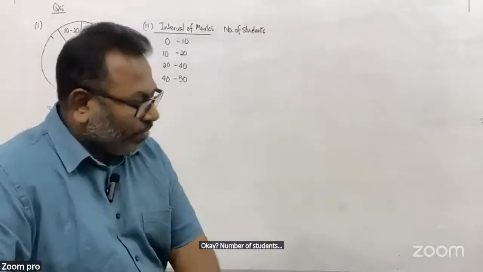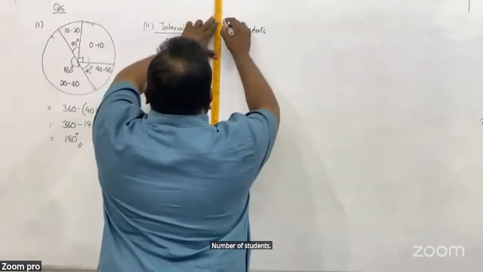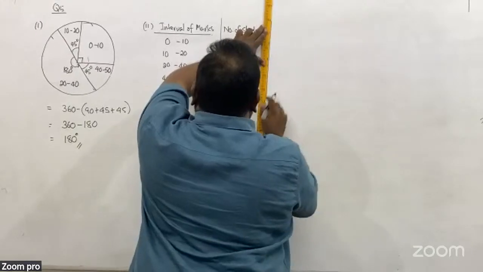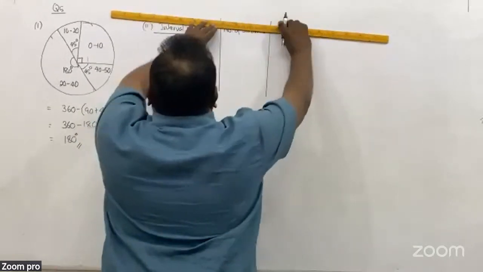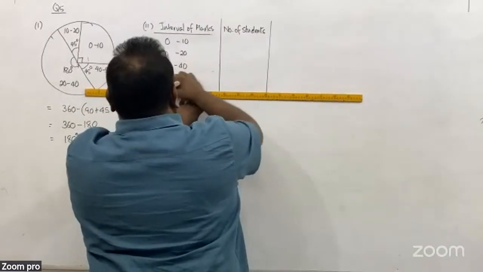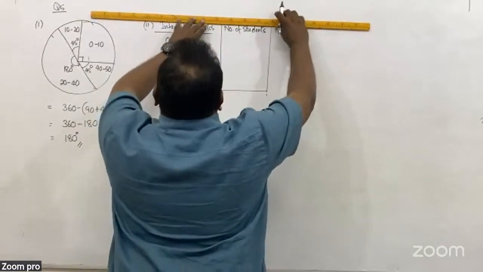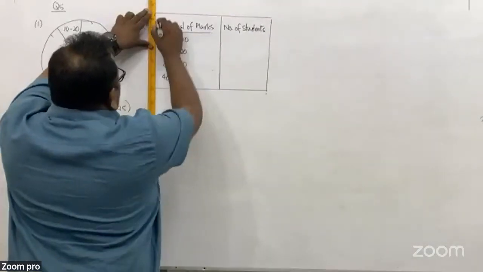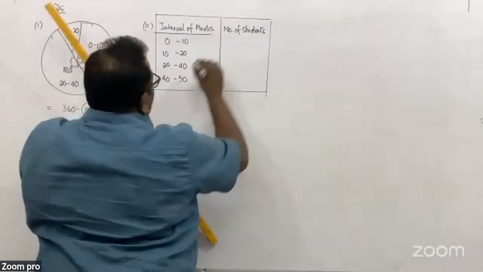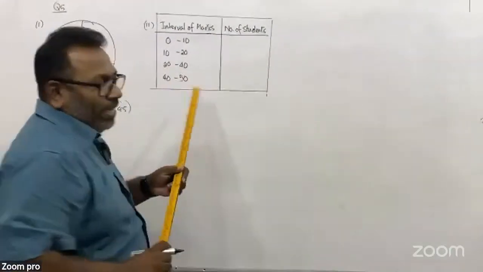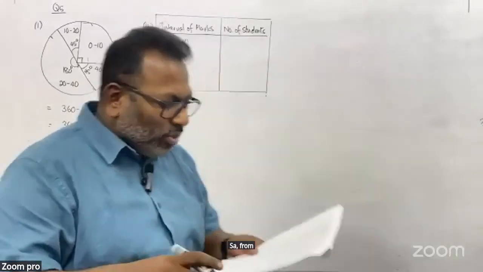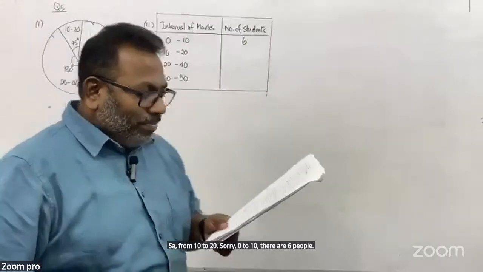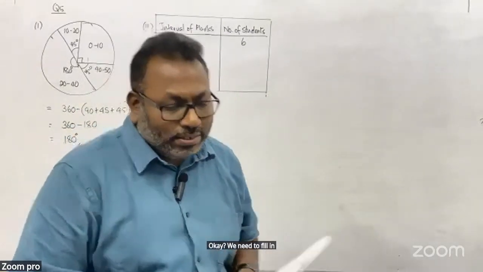Number of students. So they are saying from 0 to 10, there are 6 people. We need to fill in the blanks.